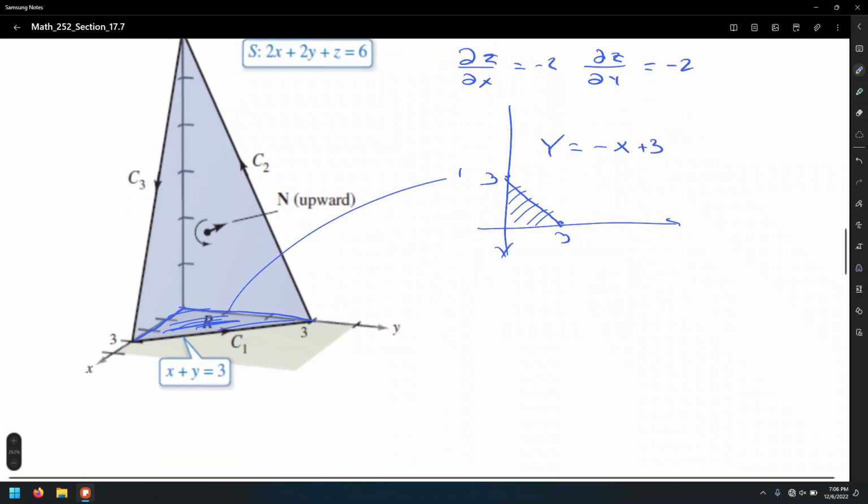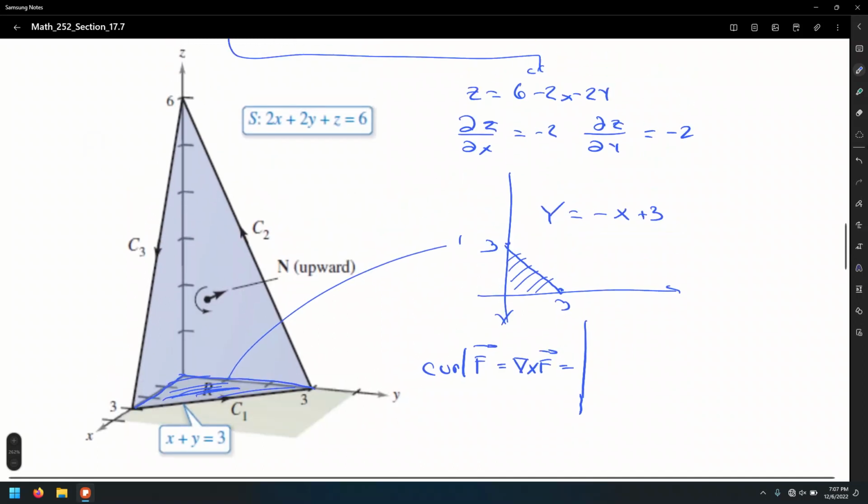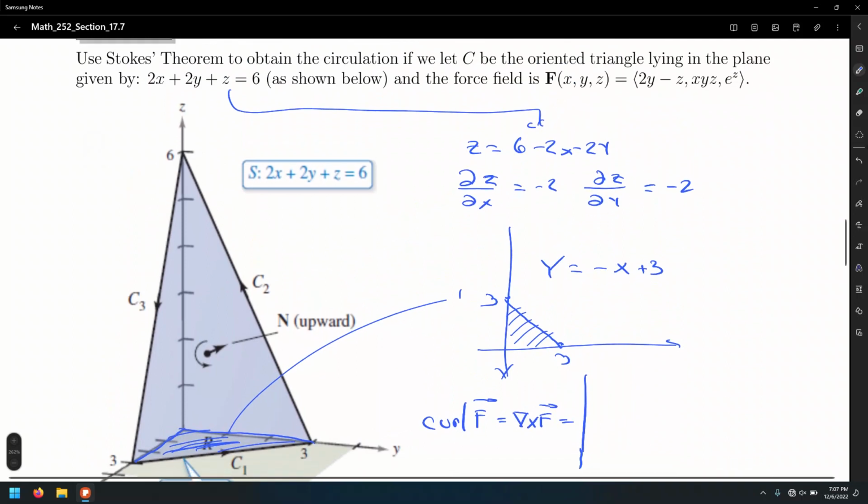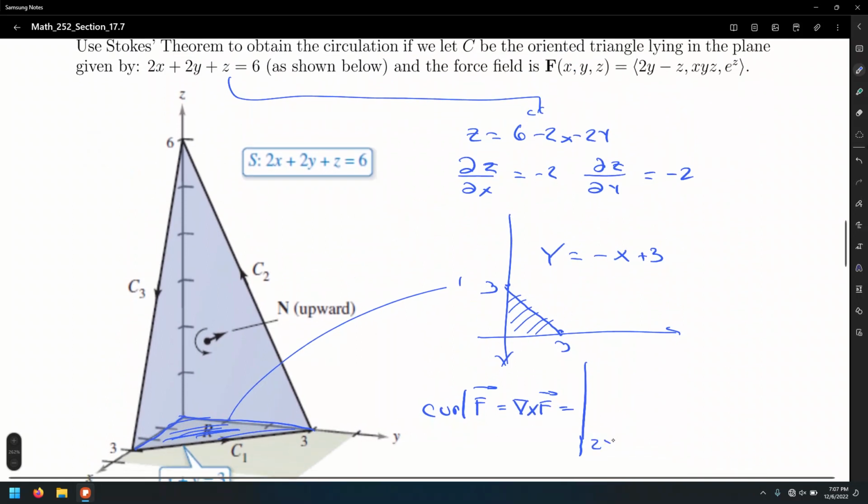All right, so let's see. Let's find the curl of f. So the curl of f, that is nabla cross f, and that's the components of the vector, which is 2y minus z, xyz and e to the z, and that's i, j, and k.